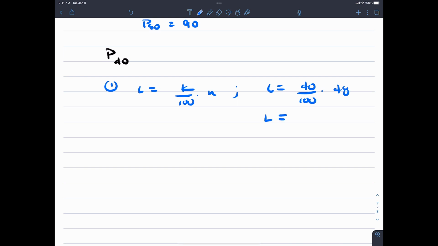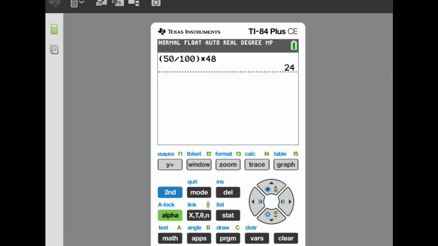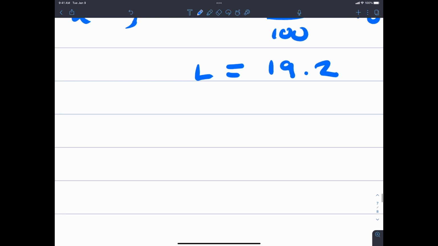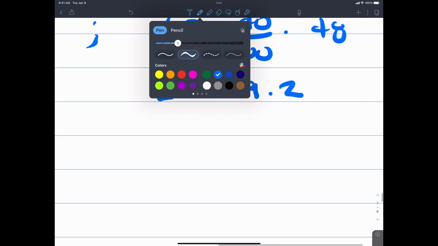Let's see what we get for the locator. 40 divided by 100 times 48. What's that going to give you? 19.2, ladies and gentlemen.